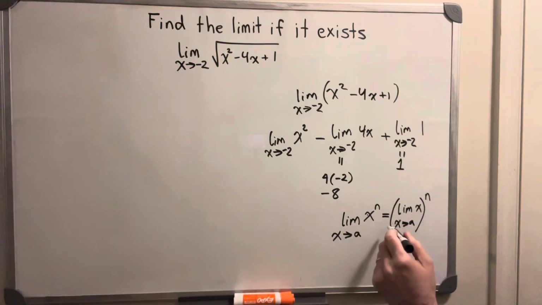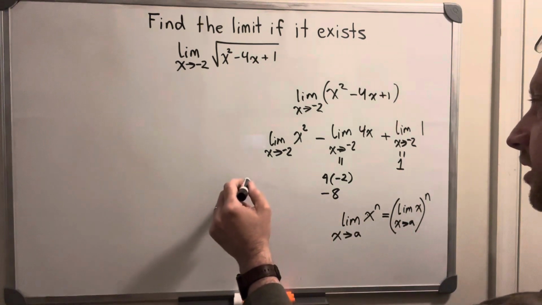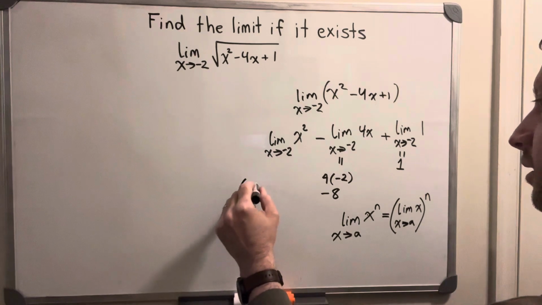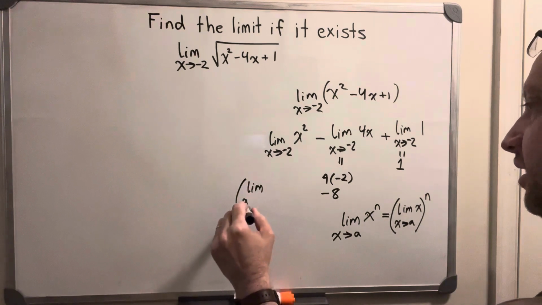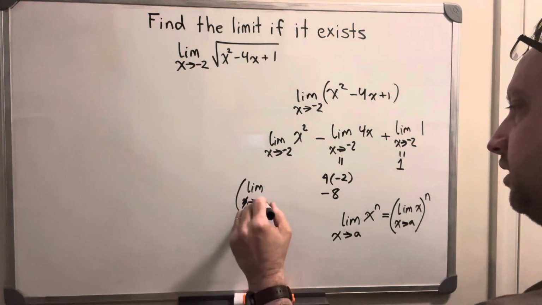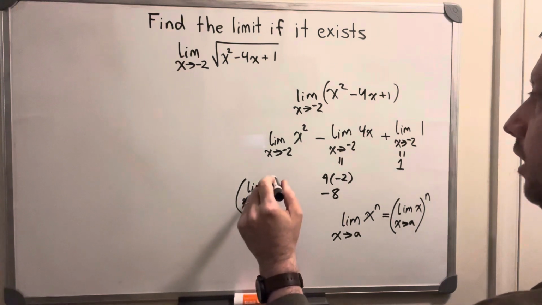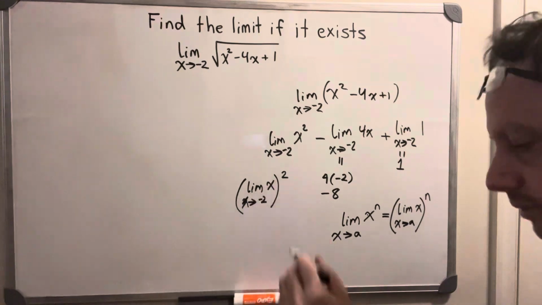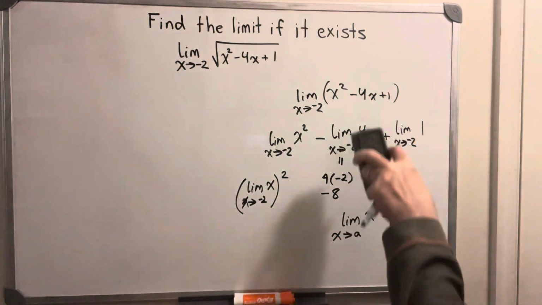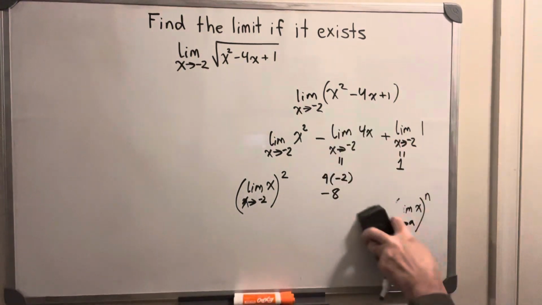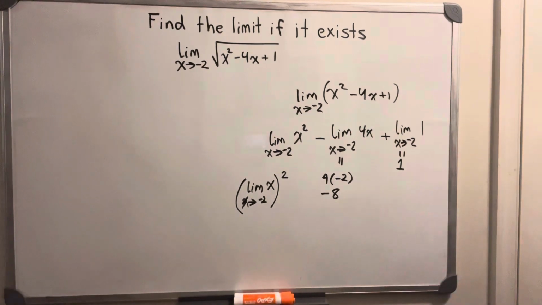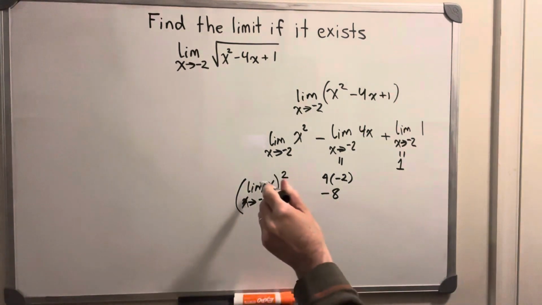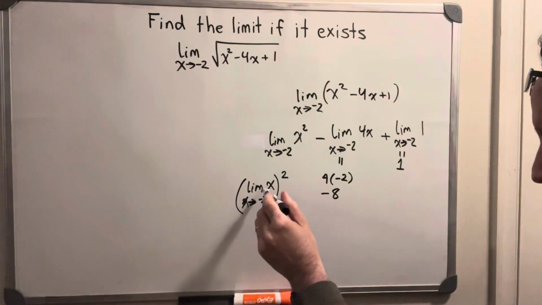So this means that we can say that this is the limit as x approaches -2 of x squared. And we just used the theorem that states that this inside the parentheses is -2.